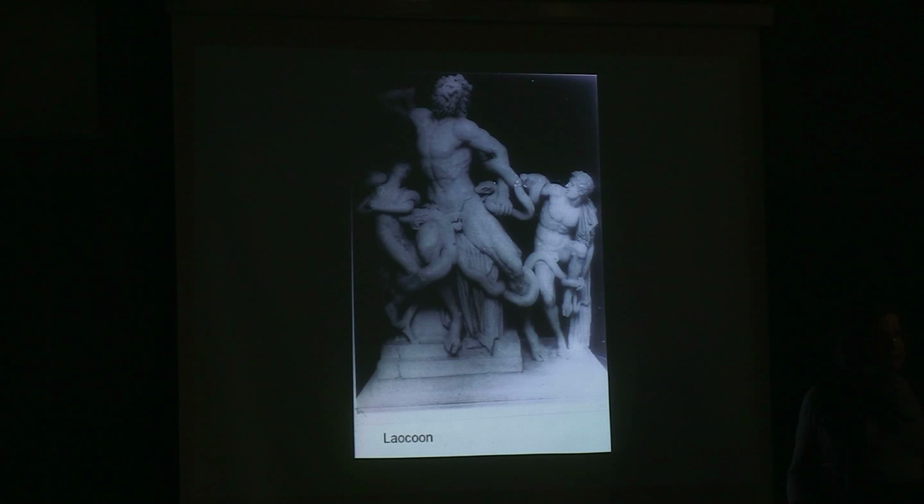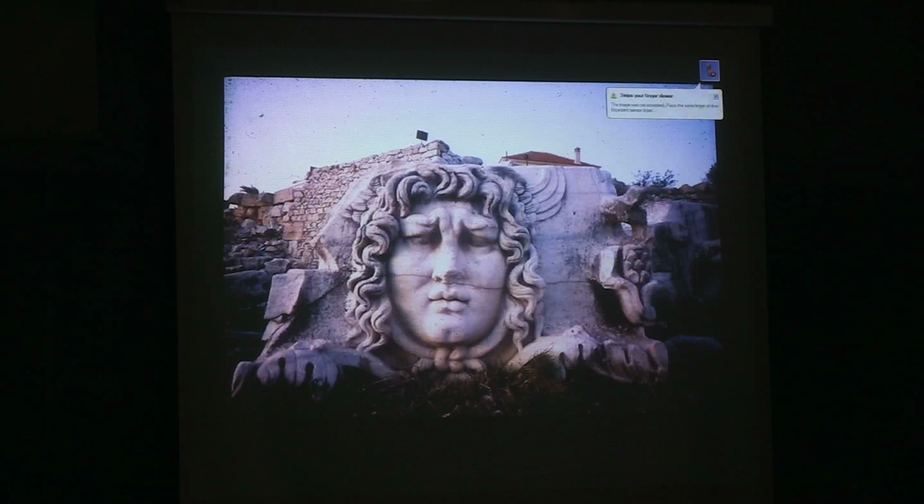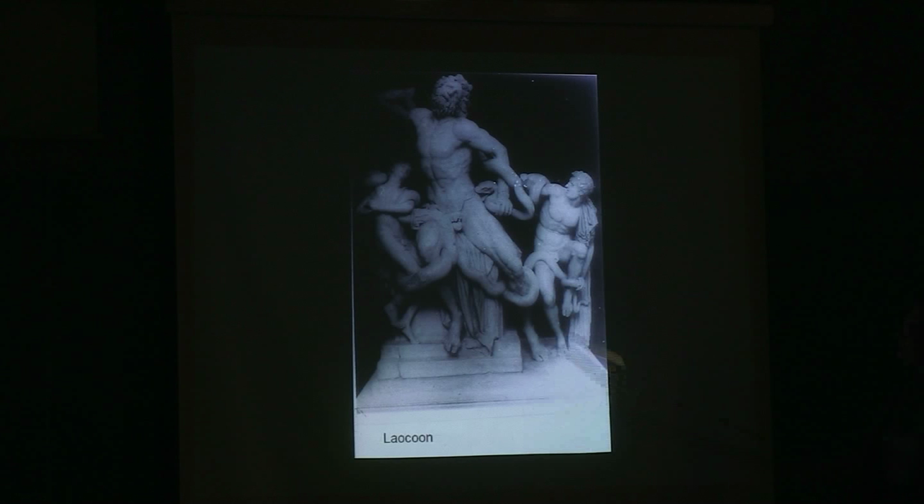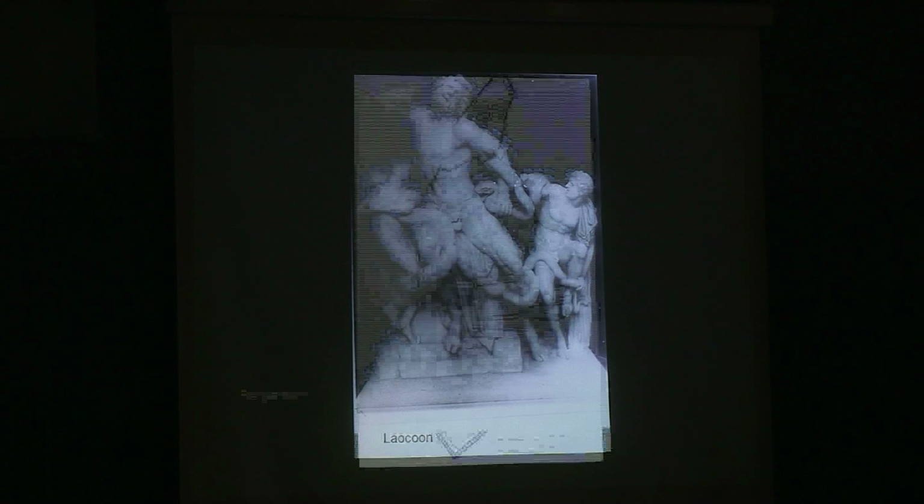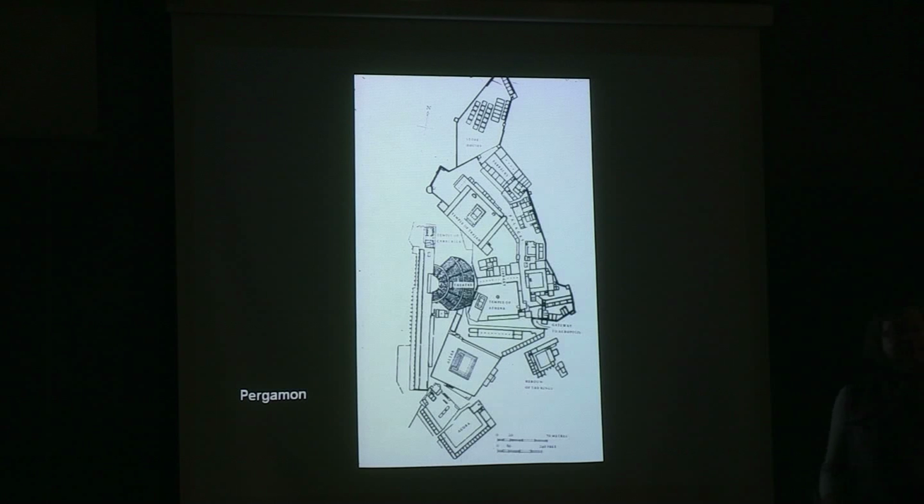And this is the age of the Laocoon, as you can see here. So the head of the Gorgon Medusa here, with her tousled hair, is the same as you see in the Laocoon and the drama of the statue of the escaping father and son.